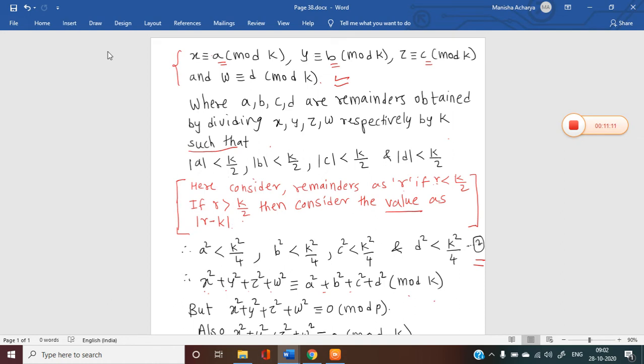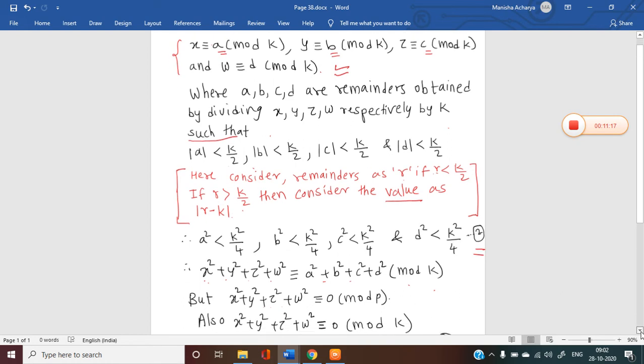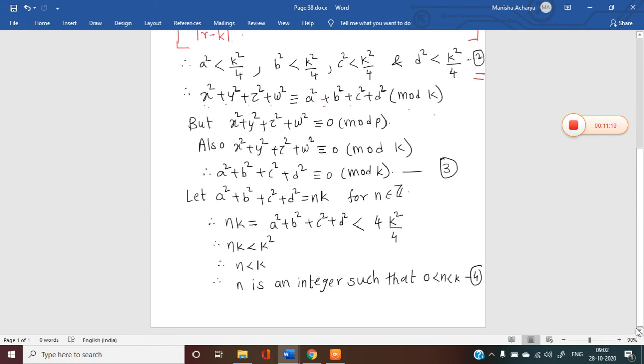But we know that x square plus y square plus z square plus w square is congruent to 0 modulo p, because that is what we have considered. It is equal to kp, correct? From equation 1, we have considered that this sum kp is equal to x square plus y square plus z square plus w square. So this sum is congruent to 0 modulo p. But this sum is equal to kp, therefore it is also congruent to 0 modulo k.